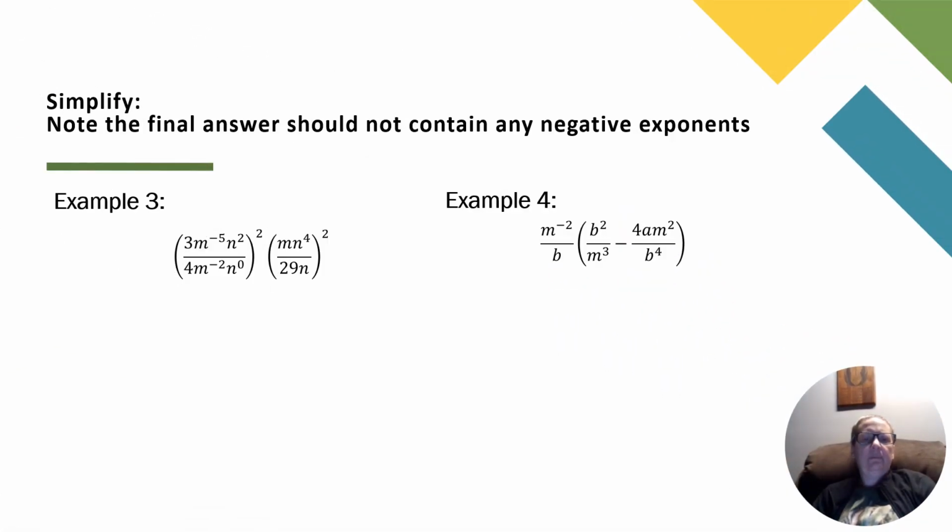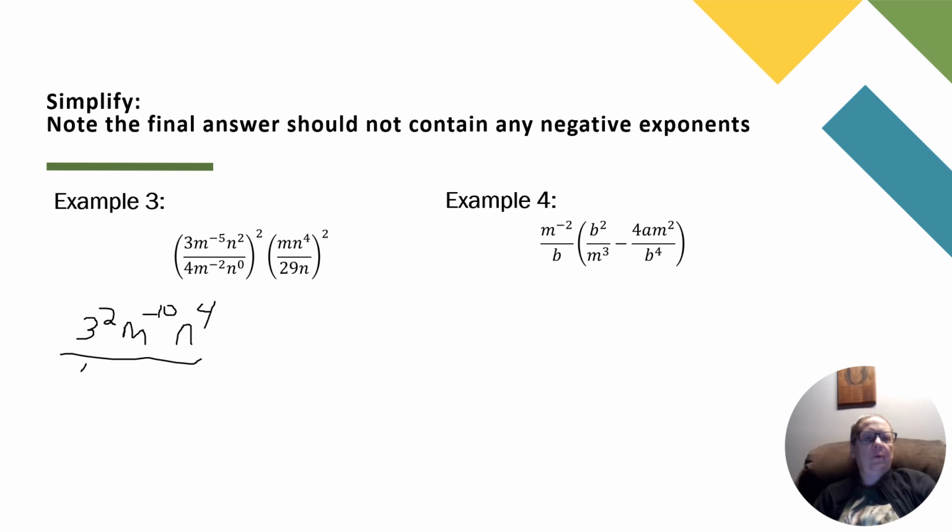All right, in example 3, we have two things raised to powers that are multiplied together. So I'm going to work on each parenthesis separately. So I have 3 raised to the second power. M to the negative 5 squared would be negative 5 times 2, which is negative 10. N squared squared is 2 times 2, which is 4 on the n.